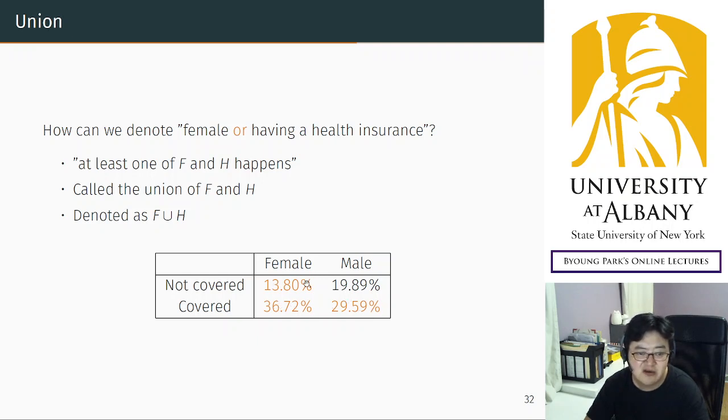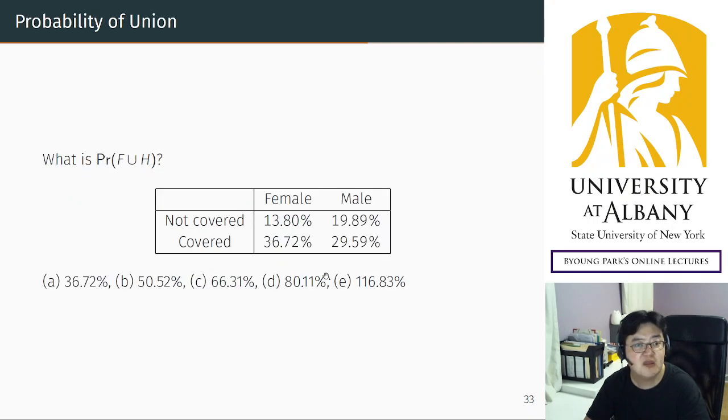So in the end, three outcomes are included in the event. You calculate the probability from these three numbers, right? So what is the probability? Do the math. The answer is 80.11%, right?